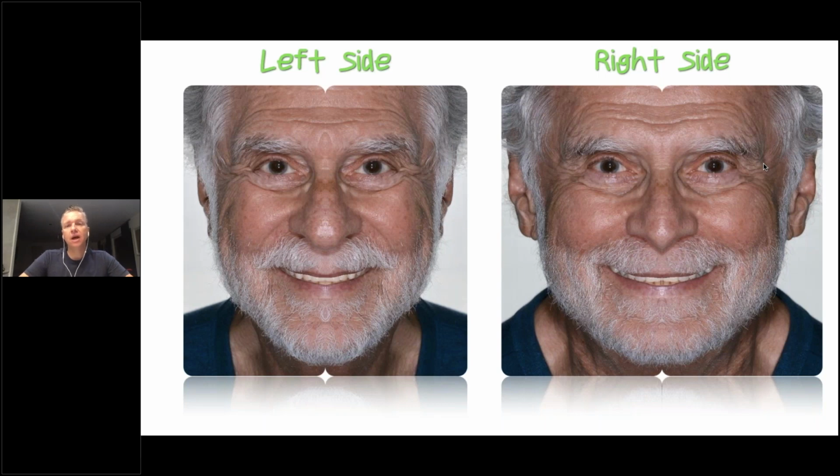And that allows me to make a decision for buccal corridors, for example. Most likely on the right side I have to fill the buccal corridor more than on the left side, because I have more space most of the time. So it's important to understand that the facial landmarks are different on each side.